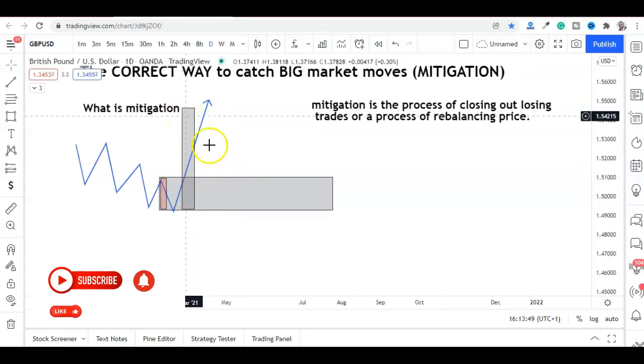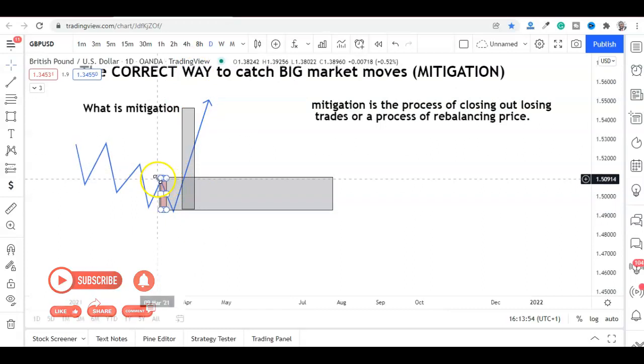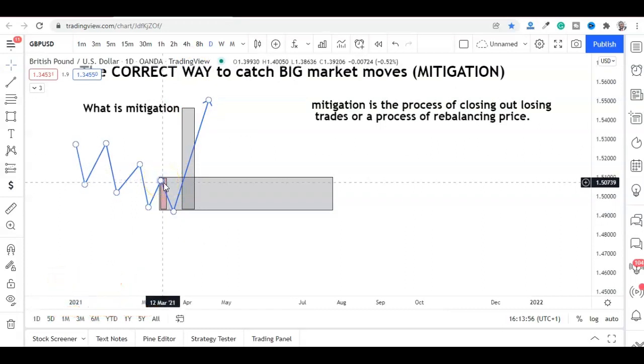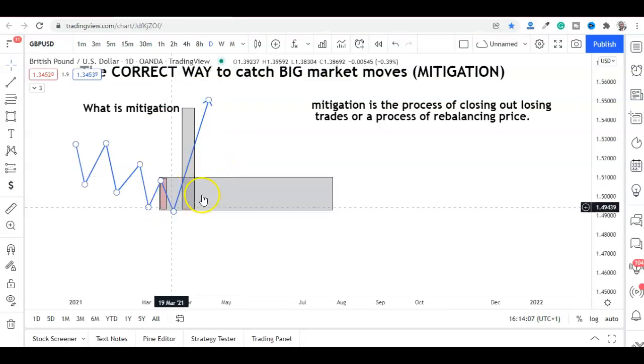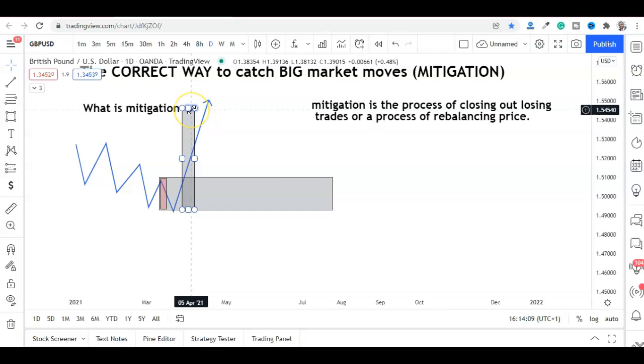Now the problem is that price moves so fast that they did not have enough time to close their sell position. And right now, as the price moves up, the sell position is in negative. Okay, they are losing in their sell trade, but they are making much money in their buy trade.